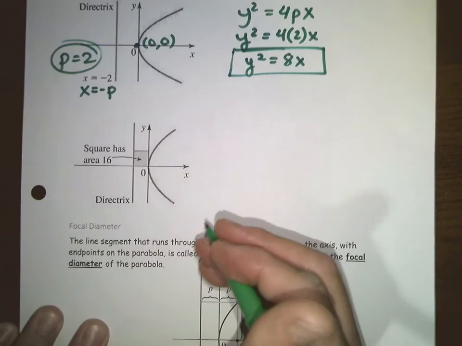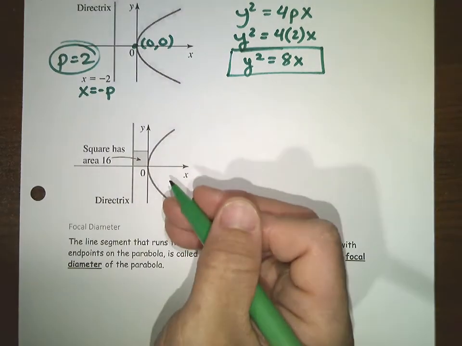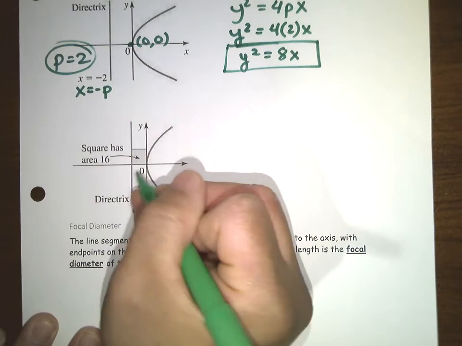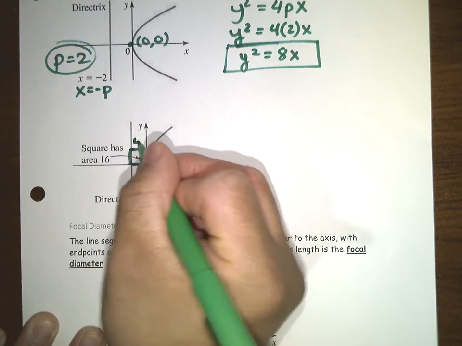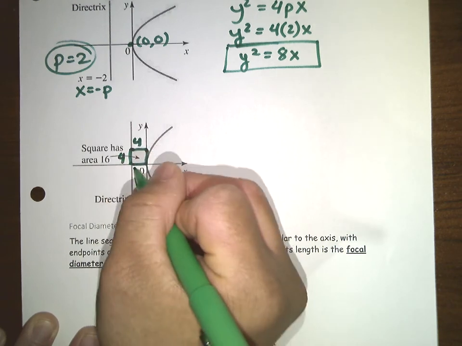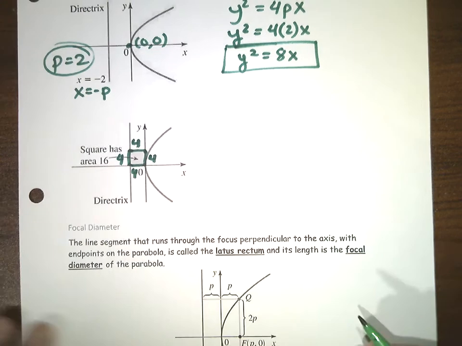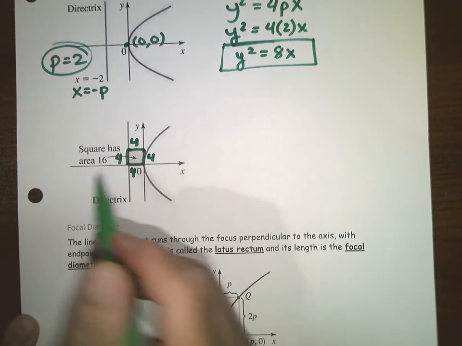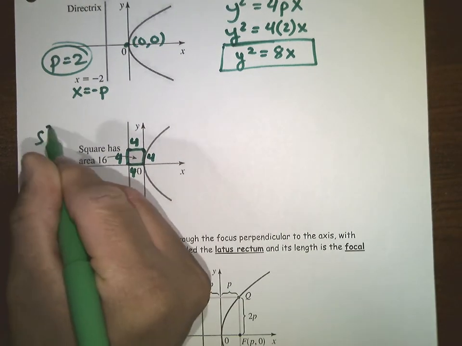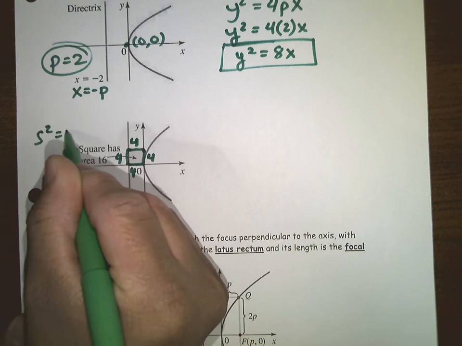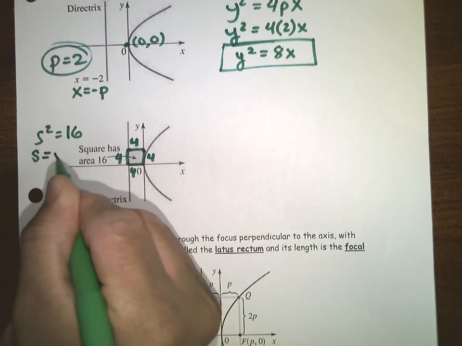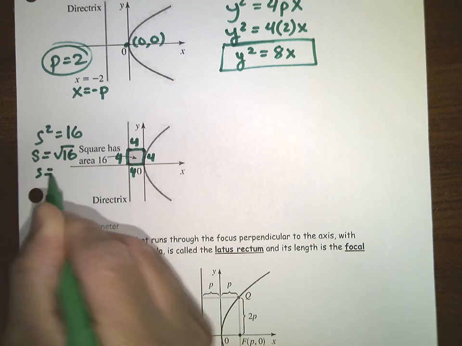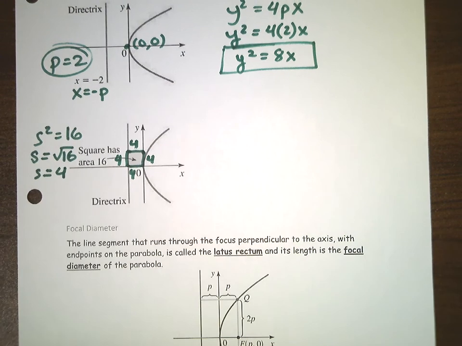So this square has an area of 16. So that means that if the area is 16, each side of the square has a length of 4, because the area of the square is side squared, so s squared is equal to 16, and then I take the square root, so s is equal to 4.